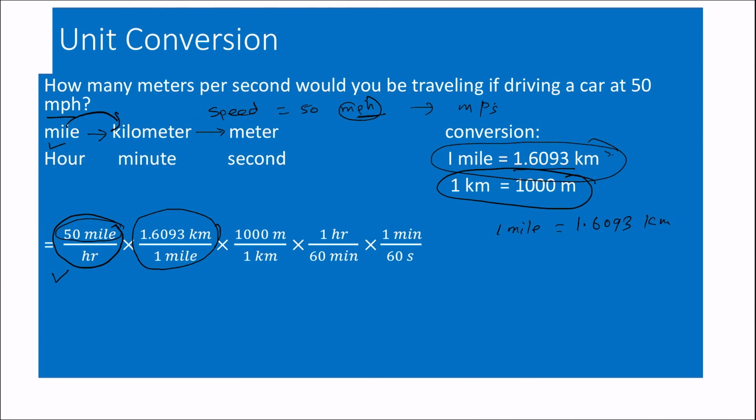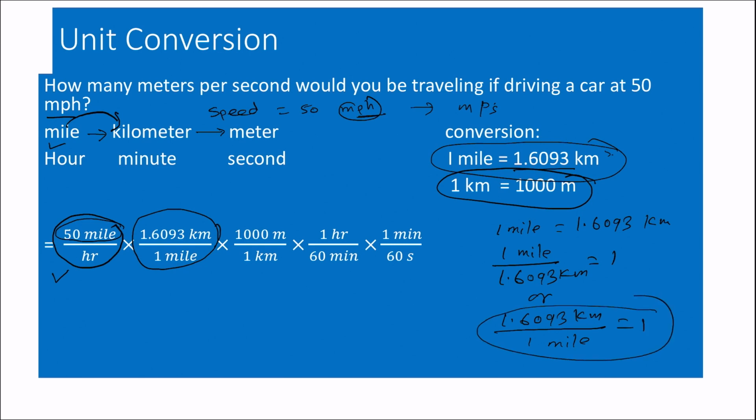So I can write 1 mile divided by 1.6093 kilometers is equal to 1, or 1.6093 kilometers over 1 mile equal to 1. Same thing, right?